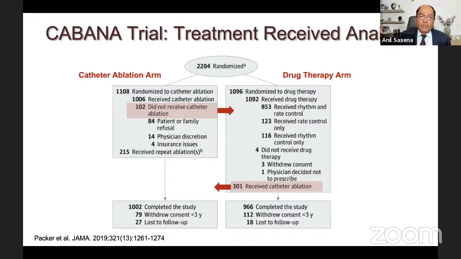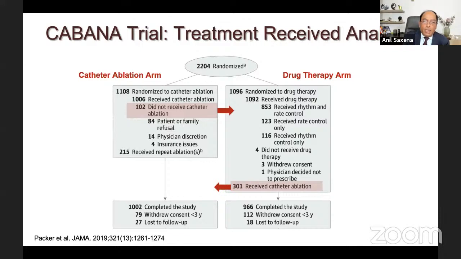Now the second way, they tried to analyze it by treatment received. So what they did was, patients who did not receive catheter ablation were included with the drug therapy arm, and patients who received catheter ablation in this particular arm were transferred to the catheter ablation arm. Now, this is where the problem comes. If you analyze a trial in this manner, that is treatment received, then you're not maintaining randomization, because now your originally randomized group has become mixed.